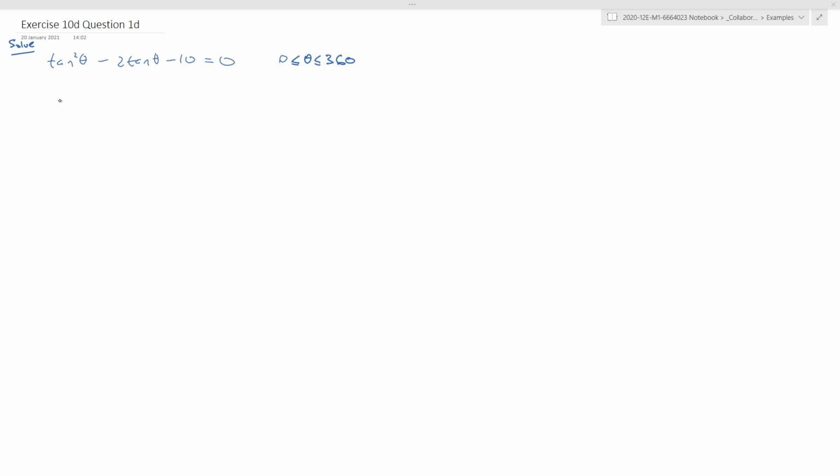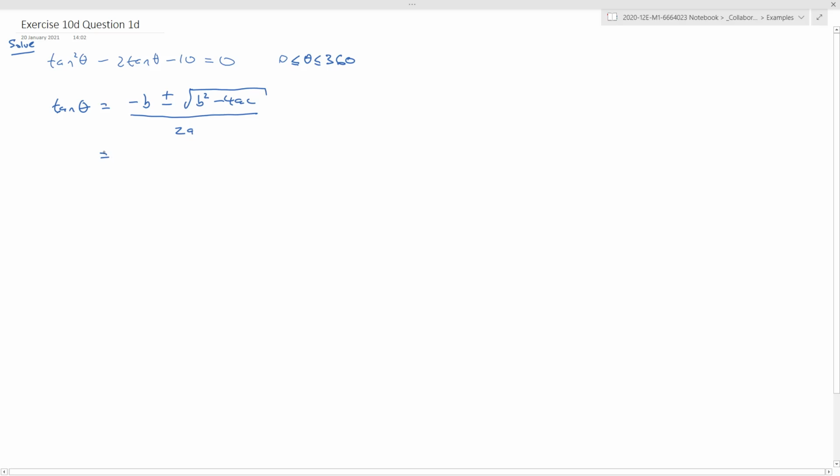So my formula for tan theta, because tan theta is the variable, is given by minus b plus or minus the square root of b squared minus 4ac, all over 2a.